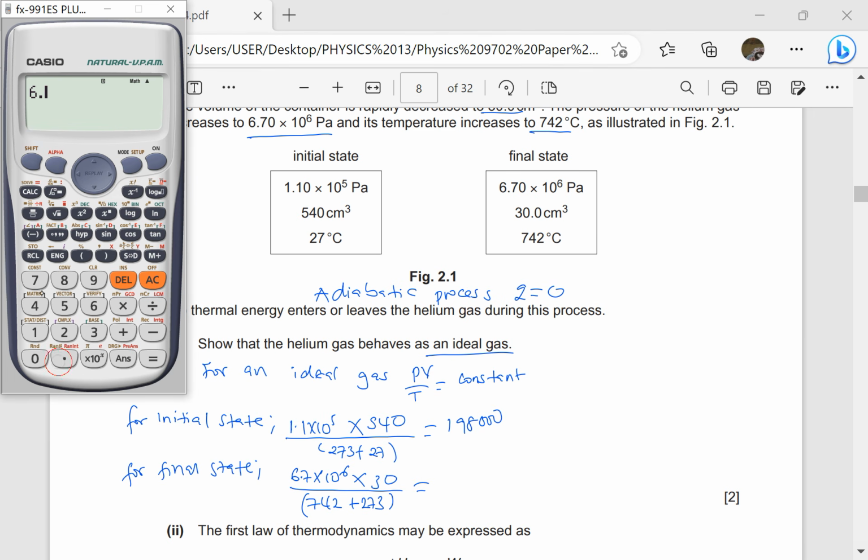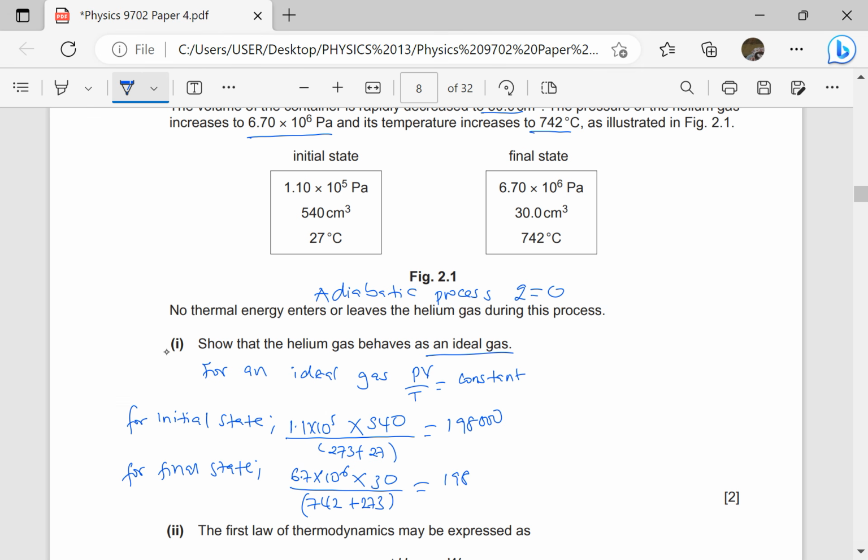So we have 6.7 exponent 6 times 30 divided by 742 plus 273. So to three significant figures, we are getting 198,000. So to three significant figures, the constant is the same.